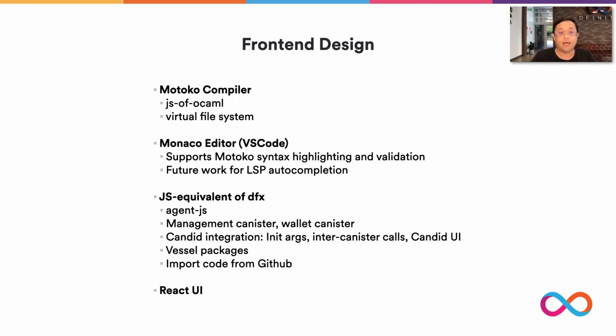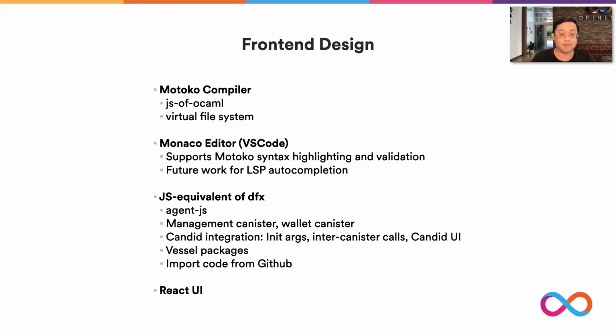Okay, now we have the compiler sorted out. We are using js-of-ocaml and getting a compiler that you can call within JavaScript directly, and it also comes with the virtual file system. The rest of the front-end design is to glue these things together and make proper calls to the compiler.